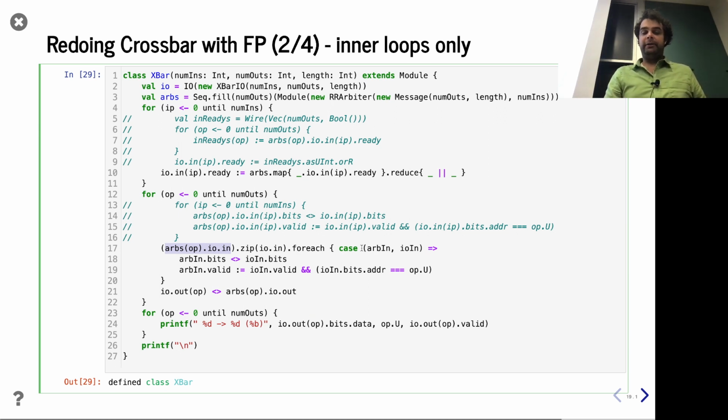We get these element by element pairs of an input from the arbiter, which is this first thing, and an input from the I/O, which is this other thing. Yeah, exactly. And you can see, for example, as a result of this, right, if we compare line by line, this line versus this line, we no longer have indices here, right?